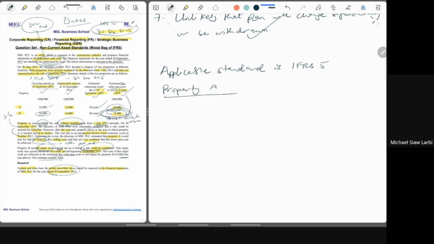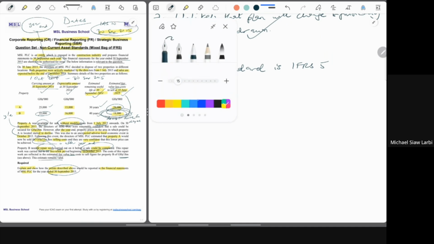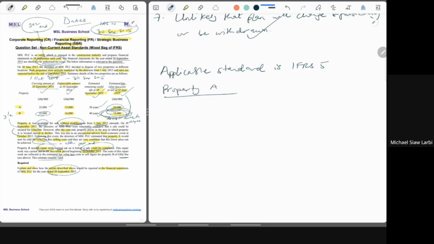Property A. What are the points we have been given? We need to mention what the standard says, right? So we'll say property A is what? Available. First point: available for immediate sale in its present condition.